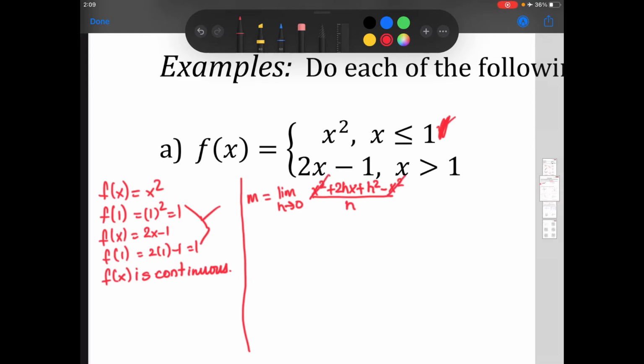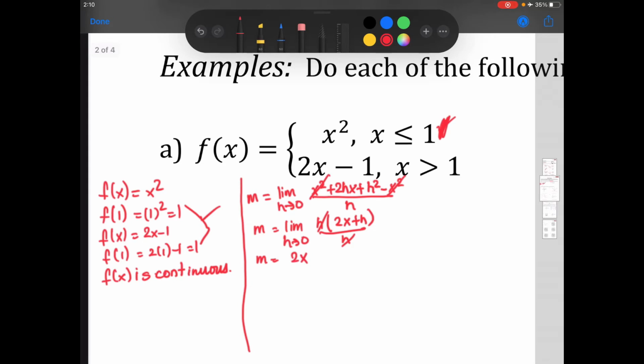The x squares cancel out. I'm going to factor out the h, right? So I'm left with 2x plus h over h. My h cancels out. I did skip a few steps here. I'm sure we all understand this by now. So I'm going to apply the limit in this step so I don't have to write that limit definition. So it's going to be 2x.